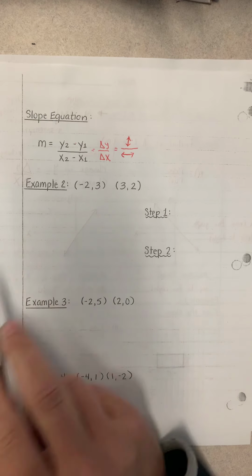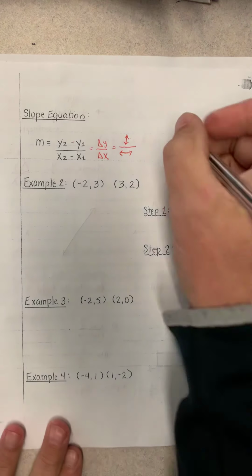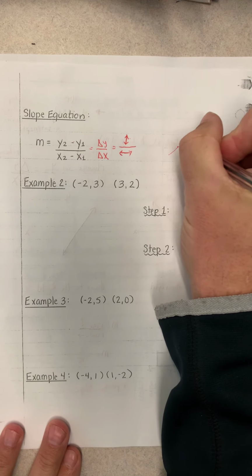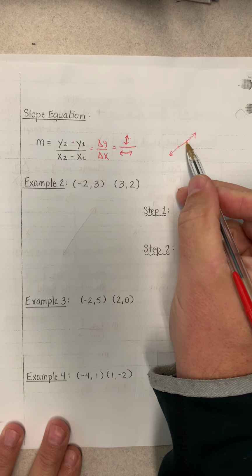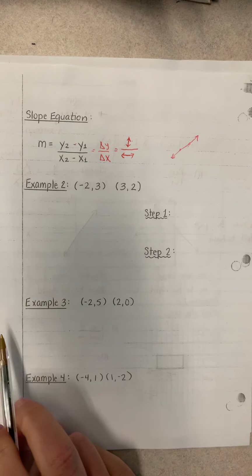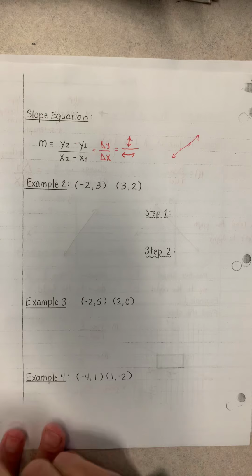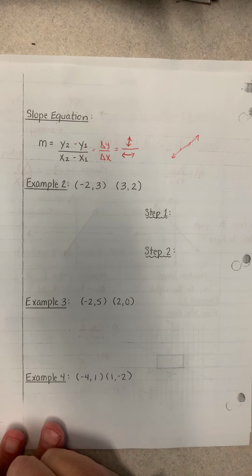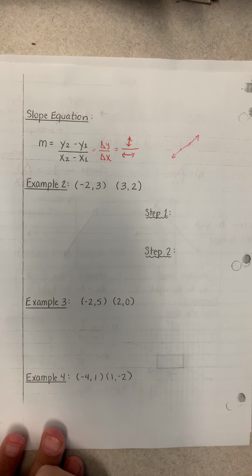You have 2 points, and I'm going to have to tell you that these 2 points lie on the line. They are 2 points that make up a line. When they lie on that line, because I'm telling you they lie on the line, I can find the slope of that line, just given the points, without having to plot these in a coordinate plane and count them out. We're going to get them right from here.